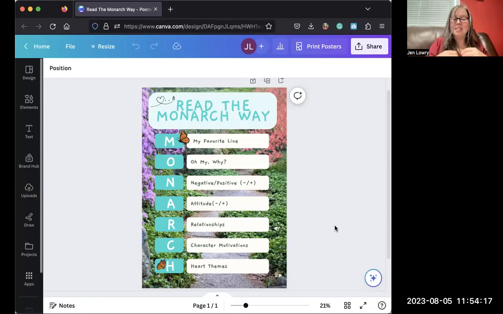So, first, let's talk about each one and how it can work for you. M for Monarch, that first thing, always look for your favorite lines. These are lines that really stand out to you, that cause you to say, oh, I noticed this about it. There's a change here. There's something sparkling, glittery. There is something impactful, profound.